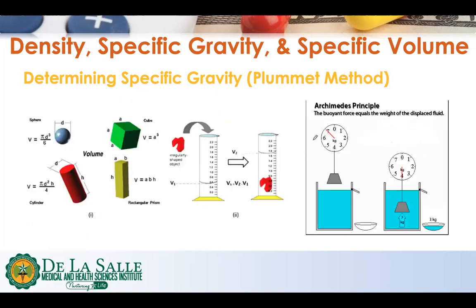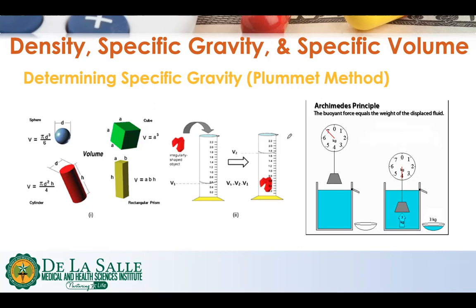Now, why do we need the plummet method? If you have watched the videos in the learning modules, you would have known the history of the Archimedes principle. Archimedes was an ancient philosopher and mathematician, and he was the first to display the use of the buoyant force in determining the identity of substances.